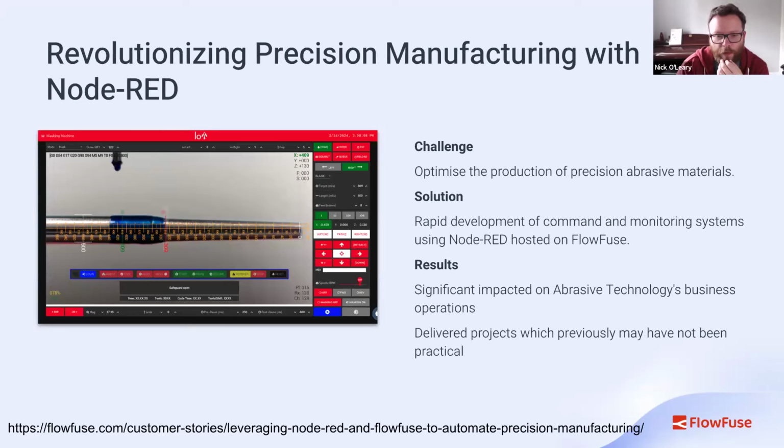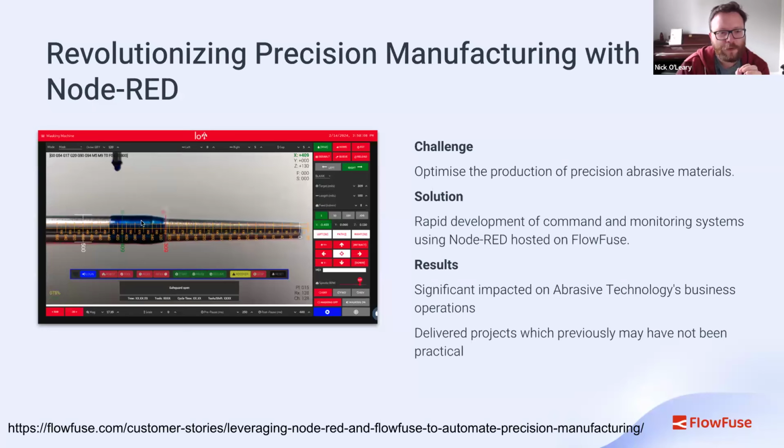This is a really interesting case of a manufacturer, Abrasive Technologies, who do precision manufacturing, and they've created Node-RED dashboards for monitoring the work they do. One of my colleagues explained the full details of this screenshot to me last week.